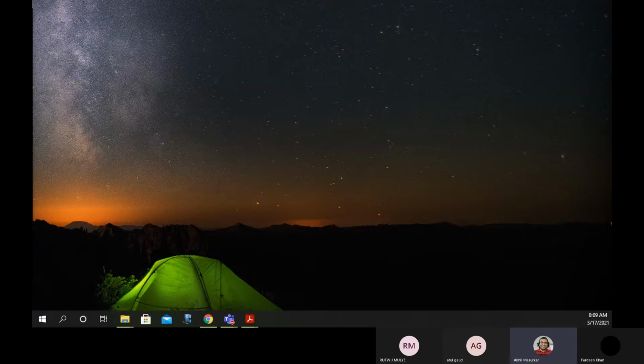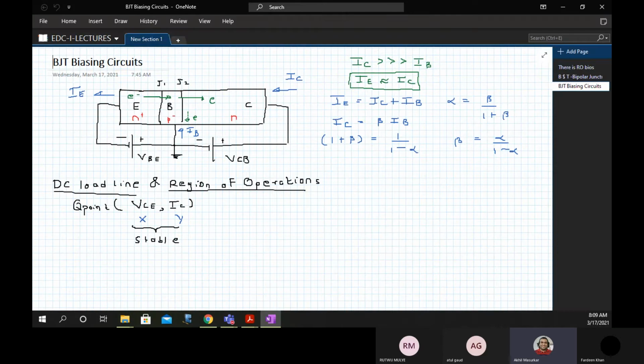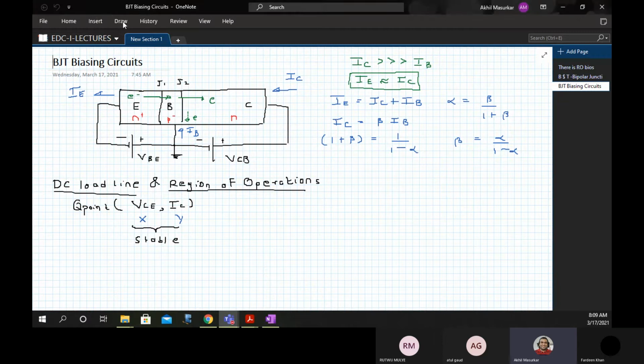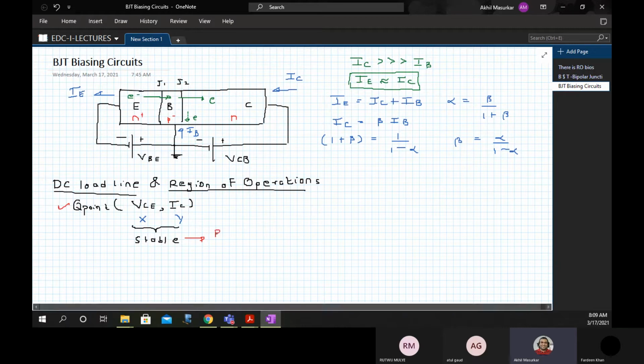Once we do that, we should ensure that my circuit gives me constant levels of VCE and IC. This stable Q point, the circuit which gives me this, is basically called a biasing circuit.